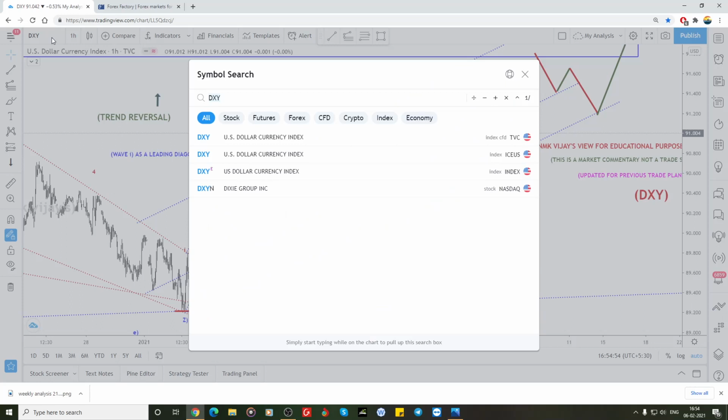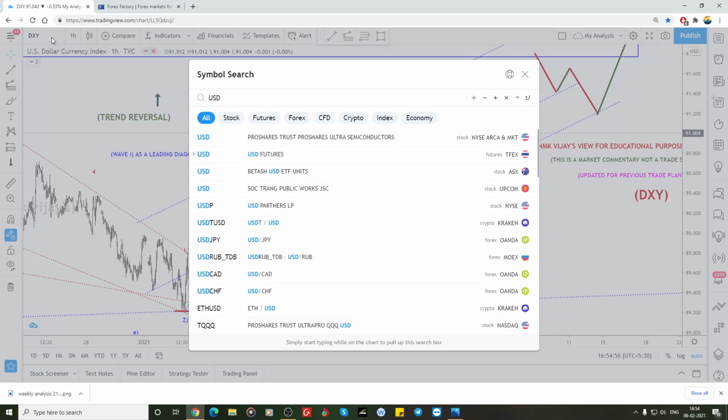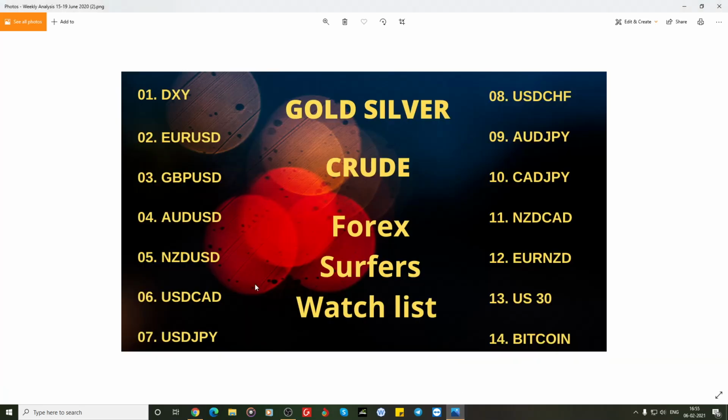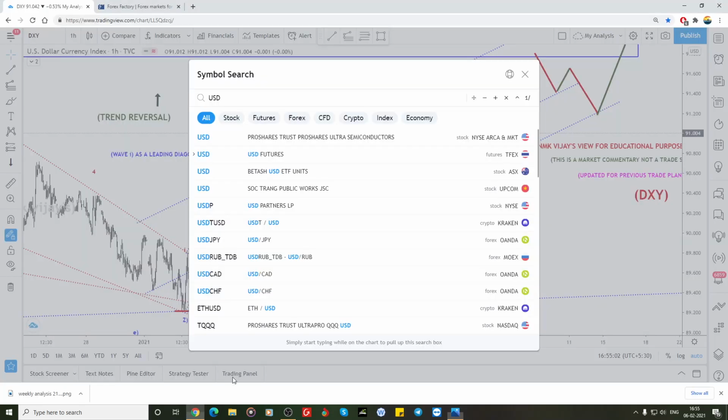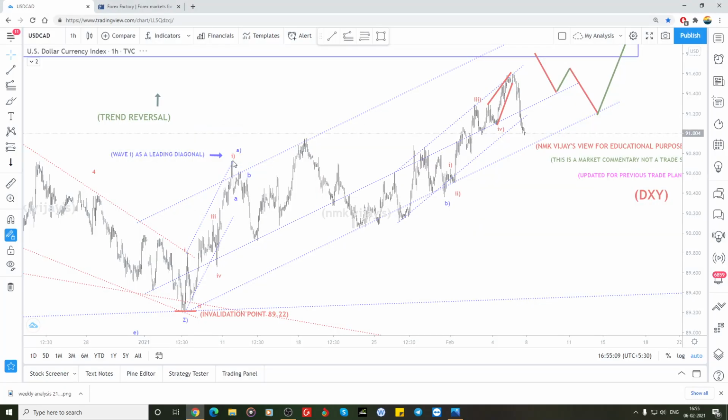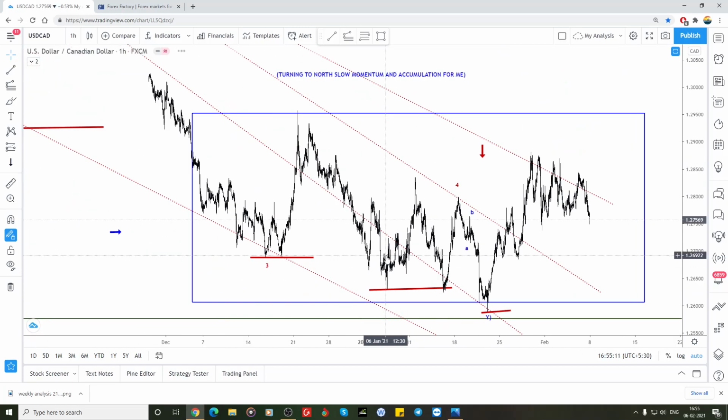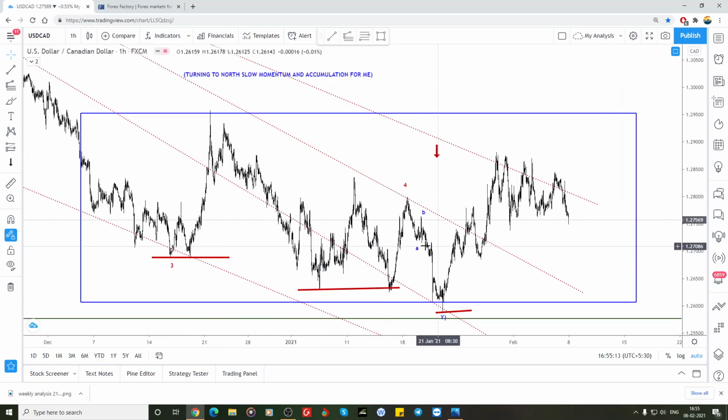So let's move on to USDCHF. We already did that, and one second, we will look at the watch list. New Zealand we did. USDCAD we need to do. See, USDCAD also is doing the three-wave structure.